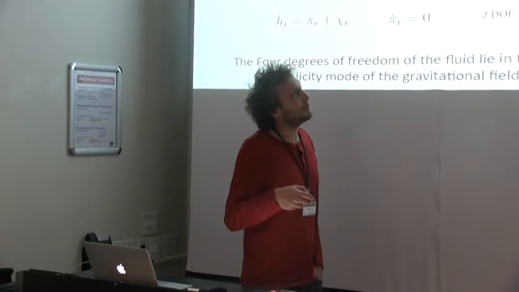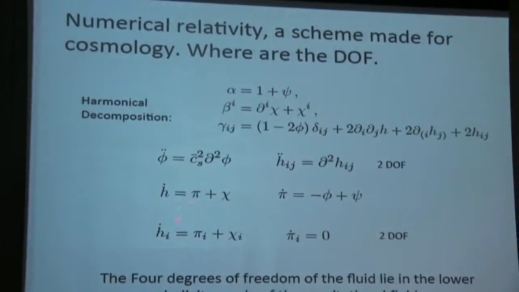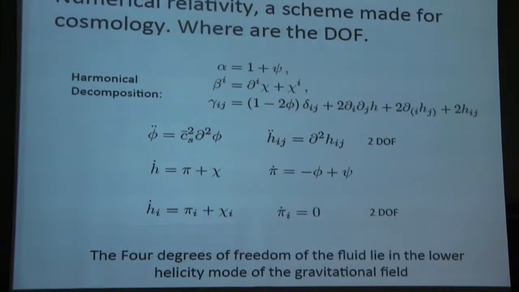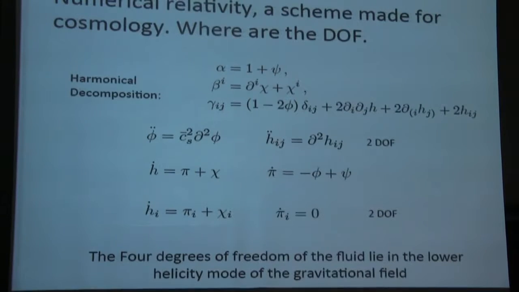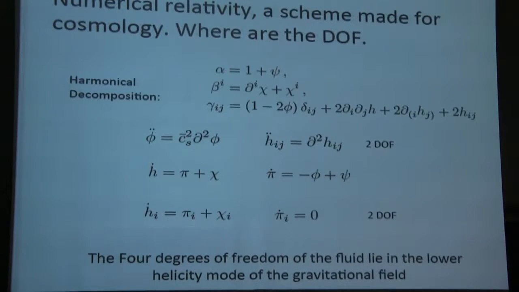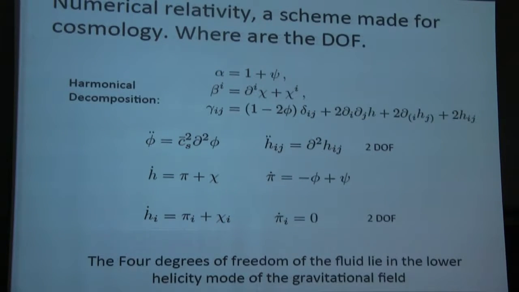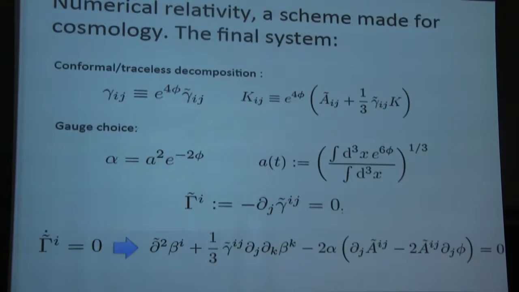And then those two equations can be trivialized because you can choose psi and phi as you want, so there is no degree of freedom here. And then you have those two equations where you have two additional degrees of freedom, and these are the rotational velocity of your fluid. So that's it.